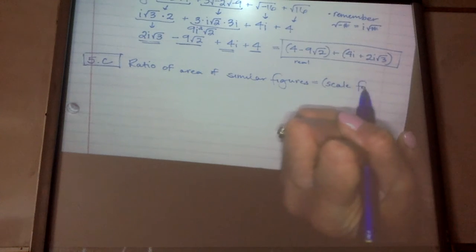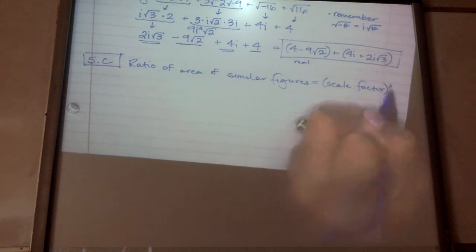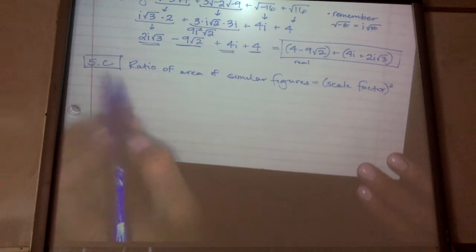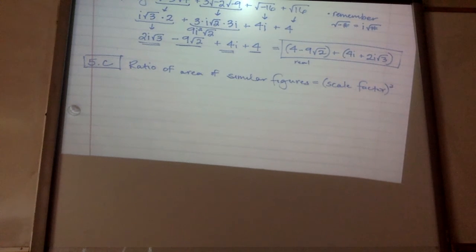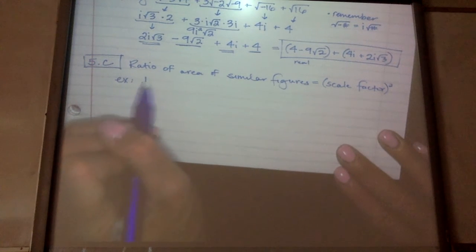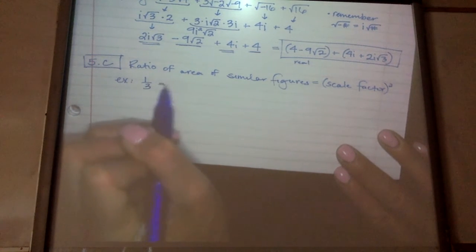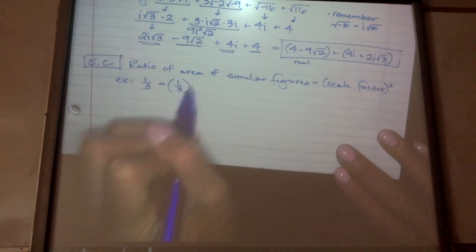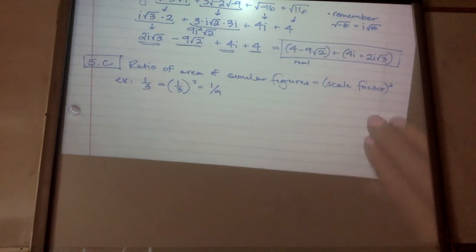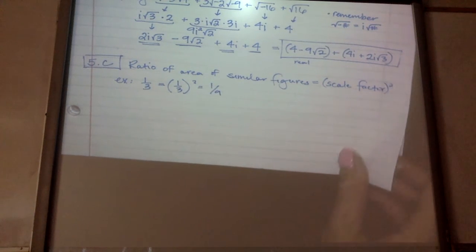I don't think it's worth doing a whole problem. So if the ratio of the smaller to the larger was 1 to 3, then the ratio of area would be 1/3 squared, which equals 1/9. Really, really simple part of this section. I'm not going to spend a ton of time on it.